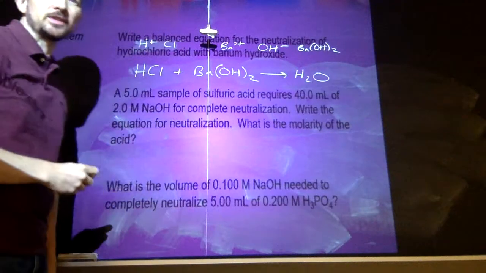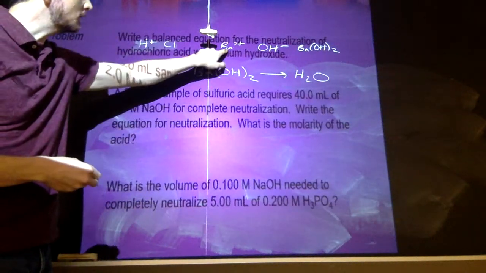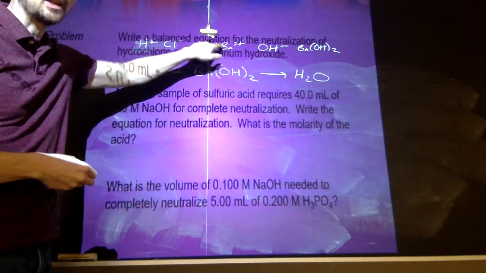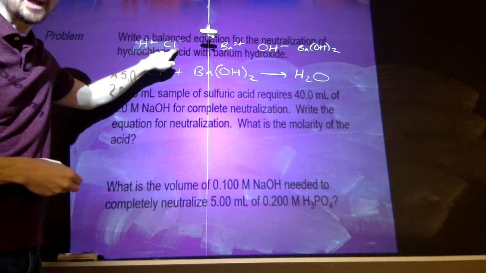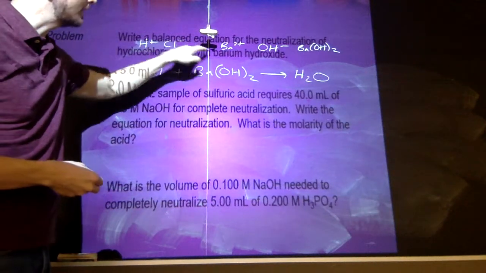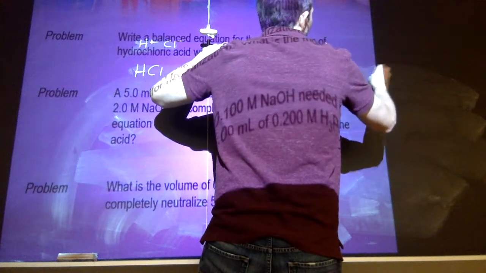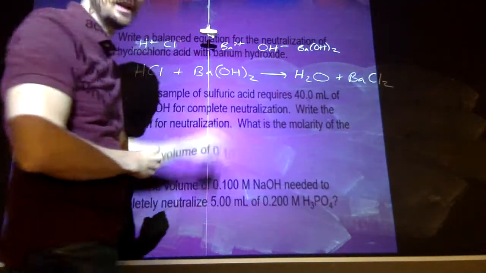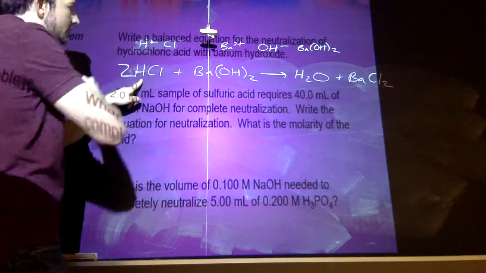So remember, your neutralization reaction, you get water plus a salt. So your salt will be Ba2+. Take the positive of the second, or the negative of the first. 2+ charge here, minus charge here. So I need 2 chlorides to balance out the barium. So BaCl2. That gives me 2 chlorines over there, so I need 2 chlorines here.